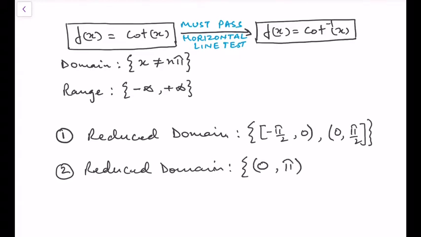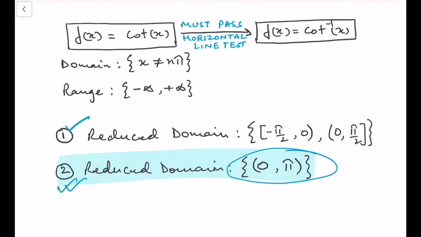Now the big question is which one is correct. So in my opinion both are correct, but the second one is more widely used. So we will be using this reduced domain.